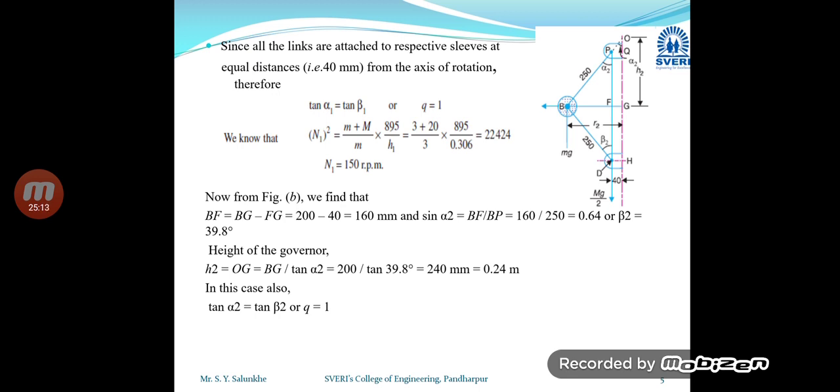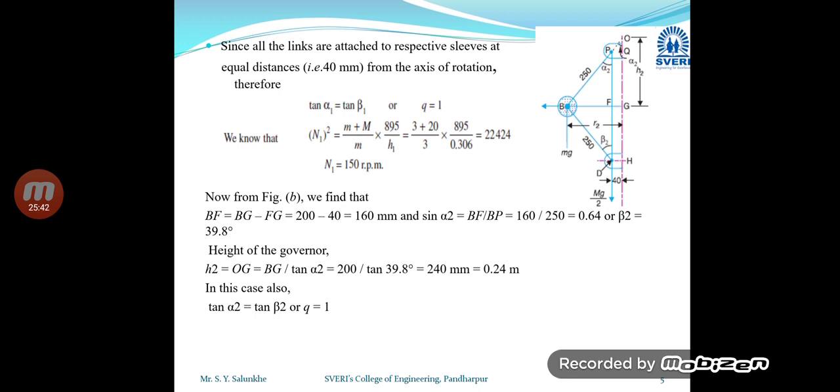So H2 is equal to OG is equal to BG divided by tan alpha 2. The alpha 2 value we have calculated, we just have to put it in, and it will be 200 divided by tan 39.8 degree. Hence we get the value as 240 millimeter. That will be the H2 value, and we convert it into meter, so it will be 0.24 meter.